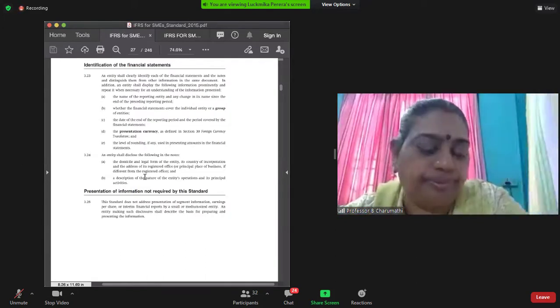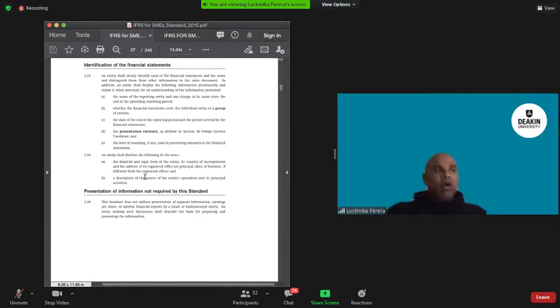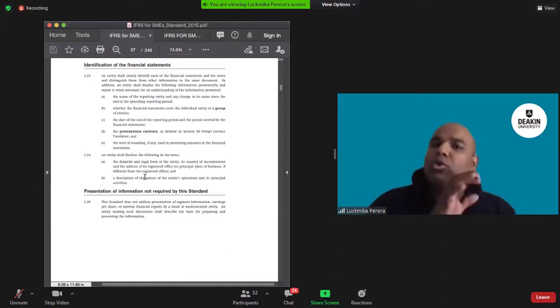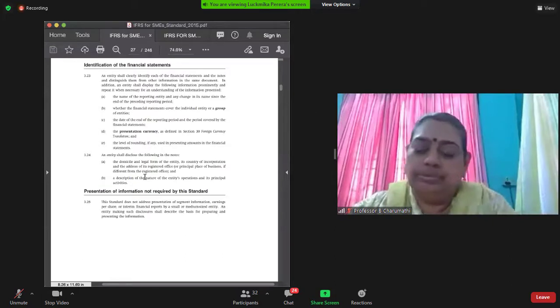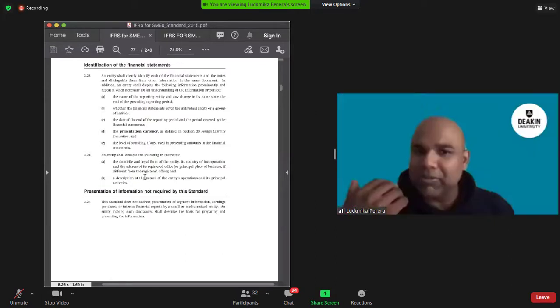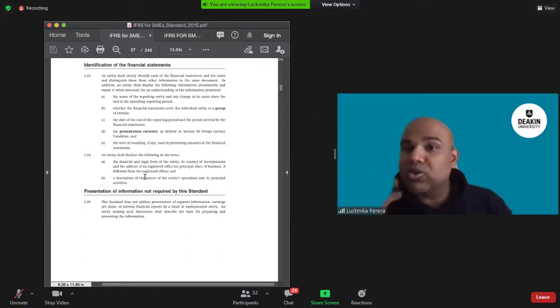One of the things I want you to pay attention to, not in relation to the assignment but in relation to today's class: when you download the CIPLA annual report, which your assignment 1 is based on, I want you to go through their financial statements and also look at their notes to the financial statements.